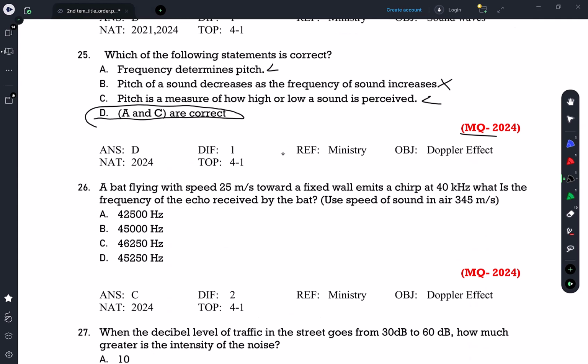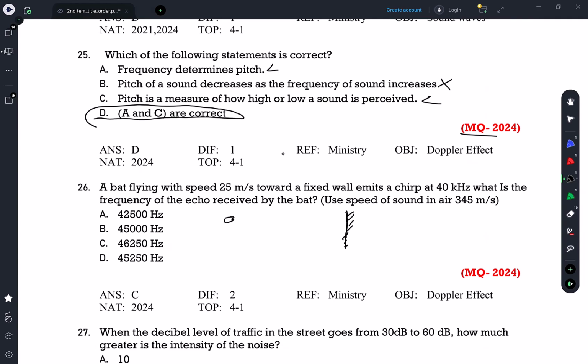A bat flying with a speed of 25 meters per second towards a fixed wall emits a chirp of 40 kilohertz. What is the frequency of the echo received by the bat? This is one of the chapter questions in the book. So here is the bat.